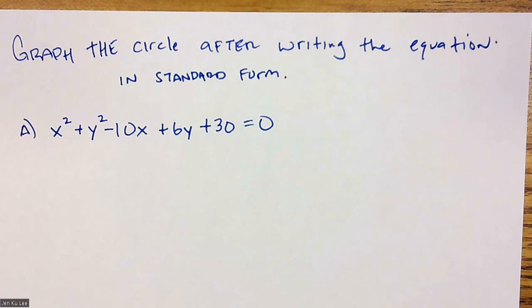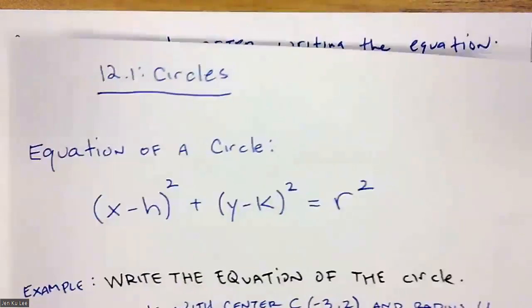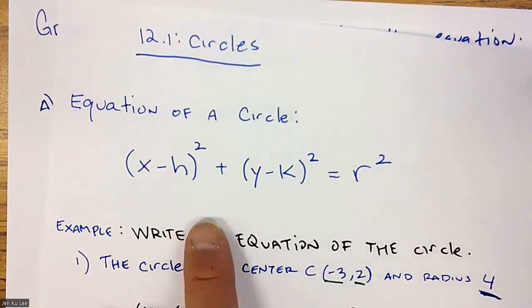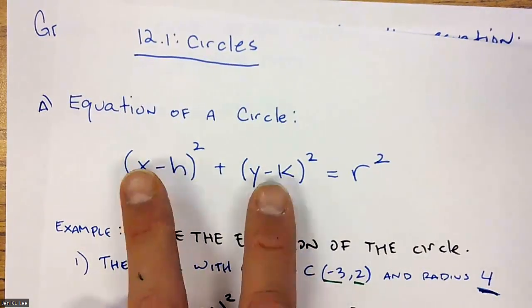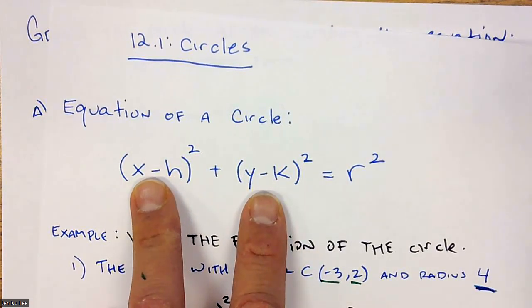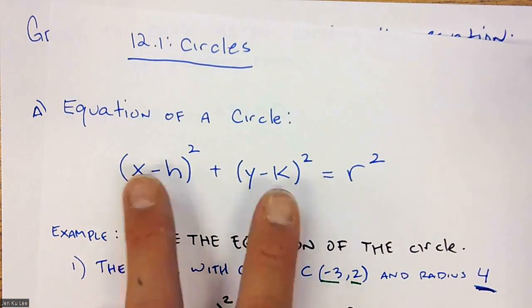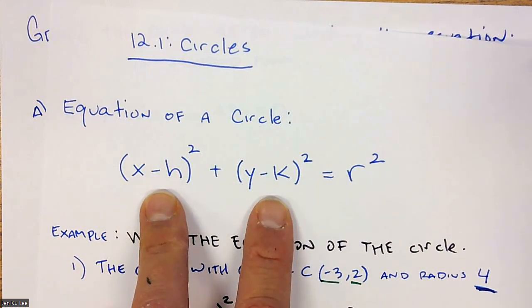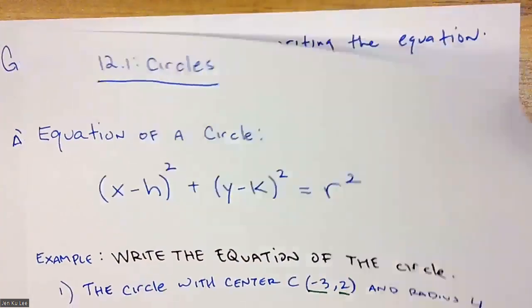So my first step here, when we have to graph the circle after writing the equation in standard form, notice that equation. Let me pull it up. Yeah, this equation. Notice that you have two perfect squares, right? That's what we are recreating. And remember, we get these when we complete the square.